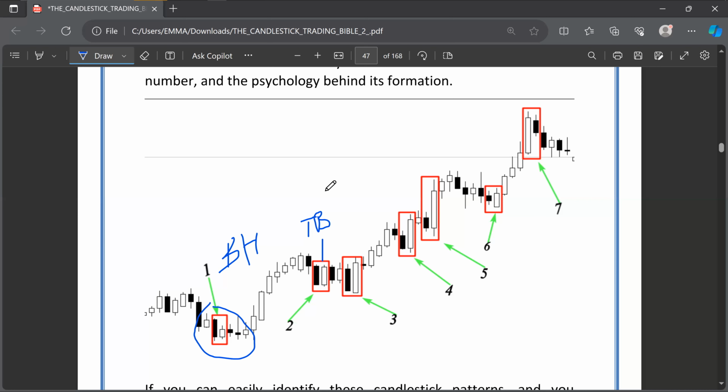That is it. Then the third one, I think, is bullish engulfing. The same thing for the fourth one, bullish engulfing.